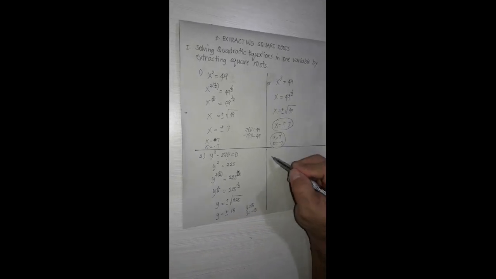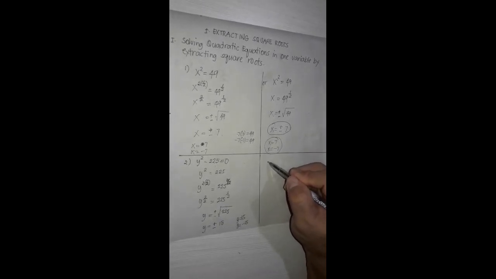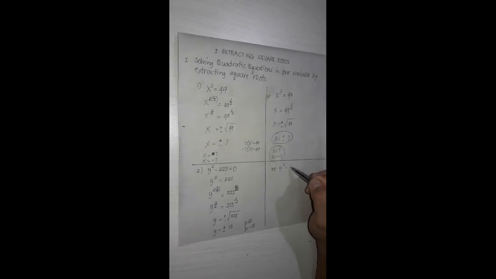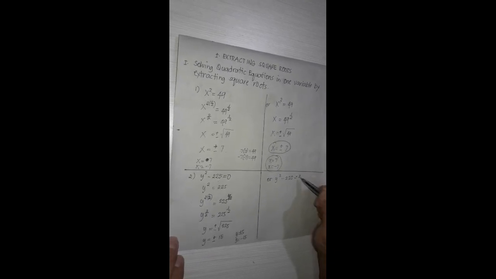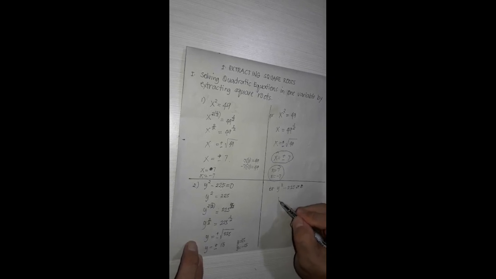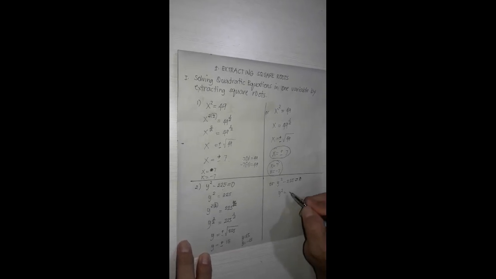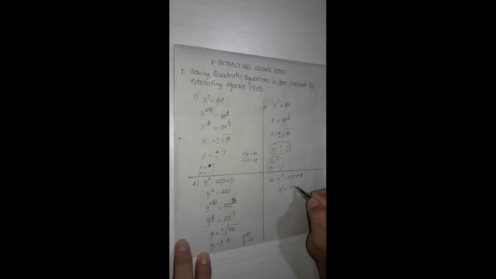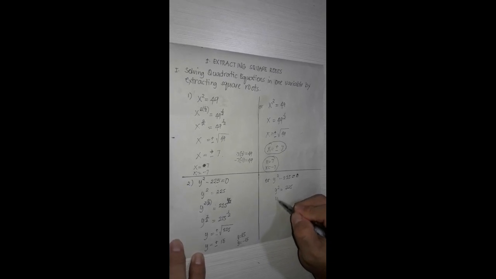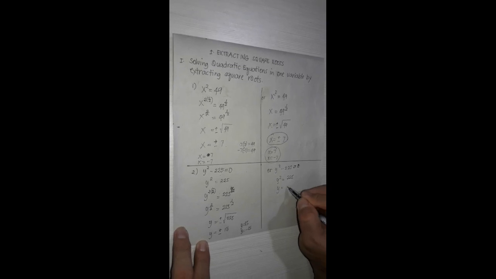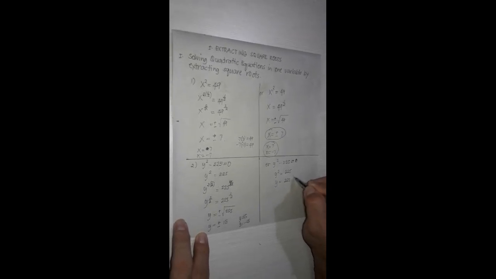Or the shortcut method is, y squared minus 225 equals 0. So y squared is equal to, transferring this to the other side, 225. Then y, eliminating the exponent, transferring this to the other side of the equation, 225 raised to 1/2.